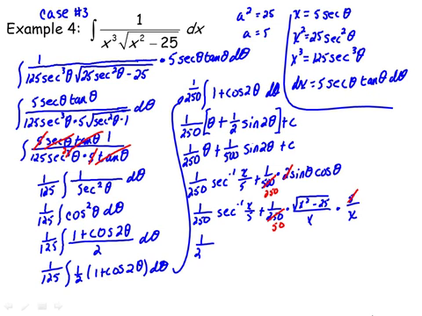So we're going to have 1 over 250 secant inverse x over 5 plus, how you want to write this is completely your choice. I'll multiply it all together just so it'll look nice and neat. So you'll have x squared minus 25 over 50x squared. And of course you have a plus c.